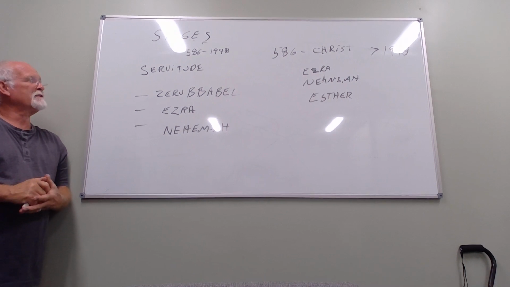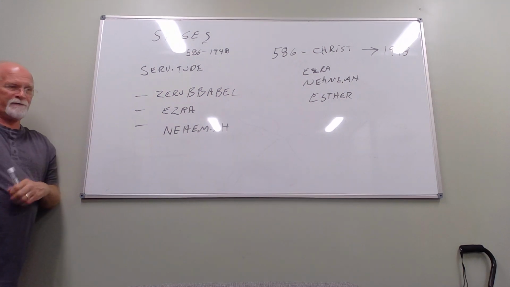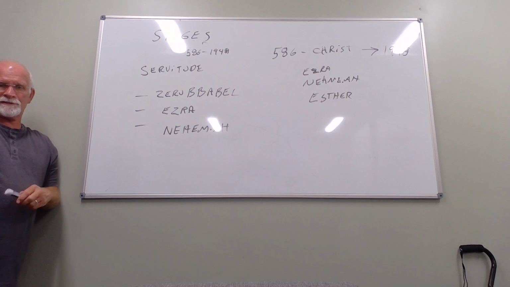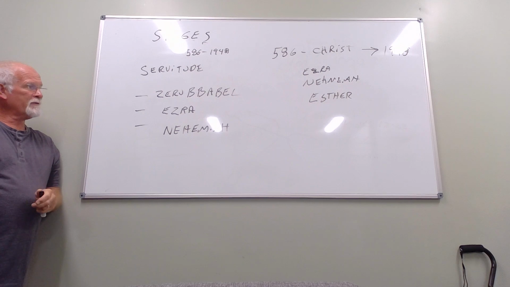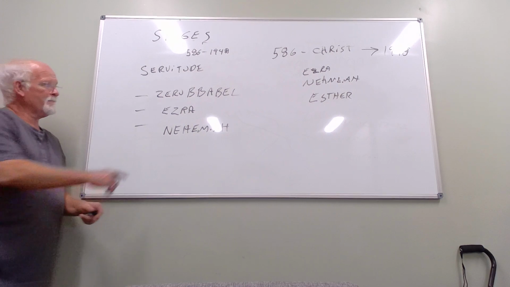But the servitude period of time, when they were taken captive in 586 BC, it was 70 years after that God allowed them to start returning back. Zerubbabel came back first and started working on the temple, and then Ezra comes back.